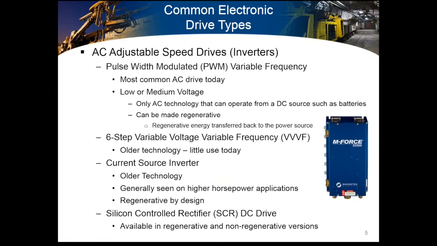Current source inverters, they've been around a long time, one of the earliest variable speed technologies. Generally today you see this in higher horsepower applications. By its design, it is regenerative, one of the benefits of that product. And lastly is silicon rectifier or SCR type of drives. This is generally what one would see for a DC drive. It's also available in regenerative and non-regenerative designs.